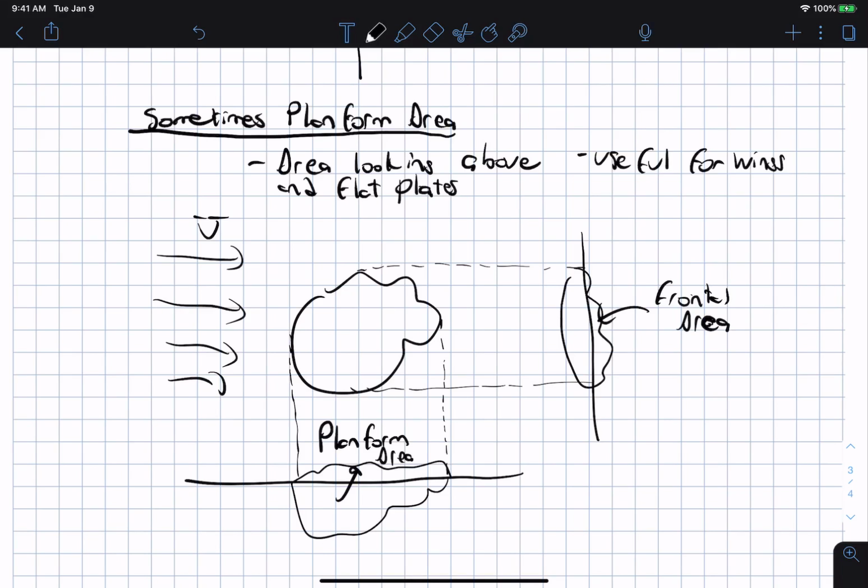For a lot of things, you can find the drag coefficient in lots of books. You just need to be careful as to how that area is defined. If you're unsure, it is almost always stated with the table, so you just need to be very careful as to which area they are using.